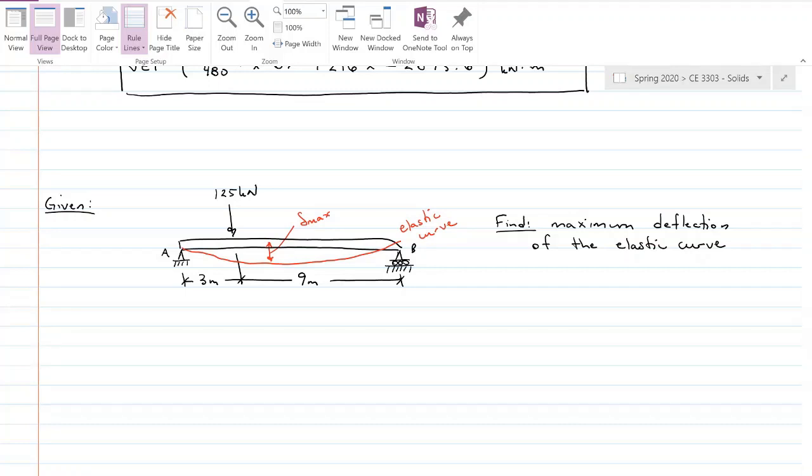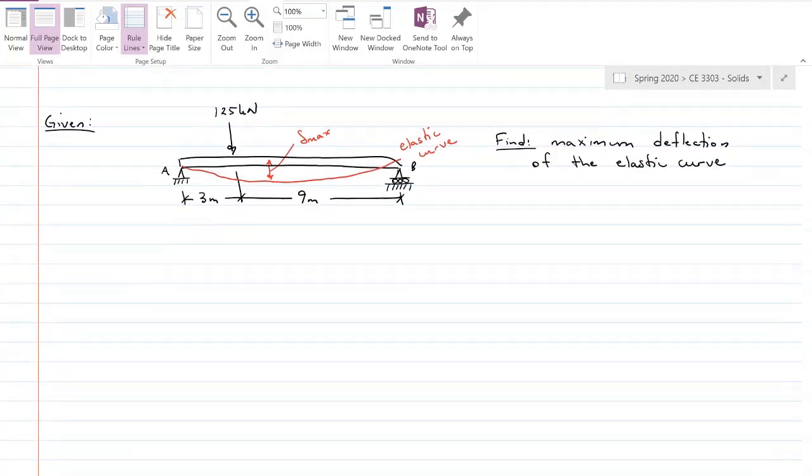Okay, first thing that I need is the equation for the elastic curve, and I'm going to do that with singularity functions. So I need my reactions at A, which is going to be 93.75 kilonewtons, and B, which is 31 1/4. And by the way, Ax is equal to 0.